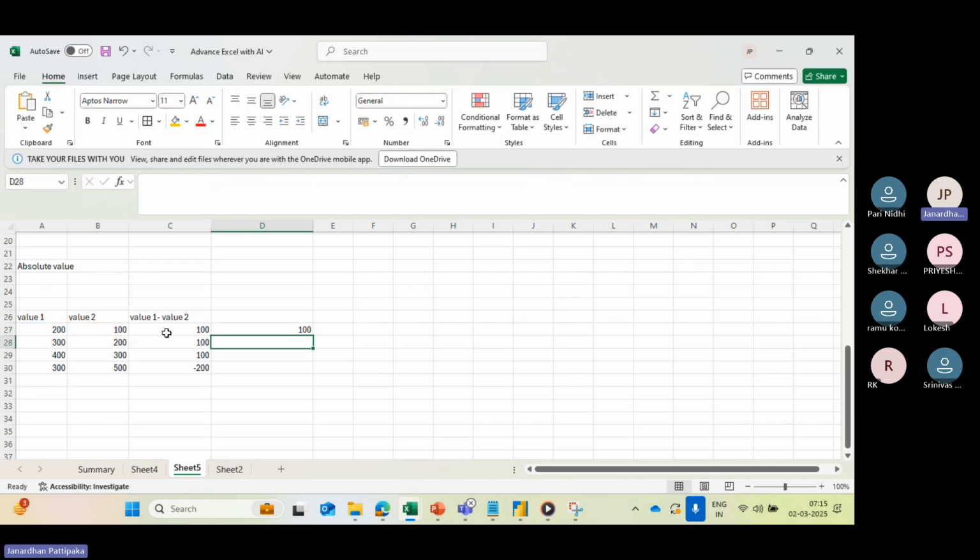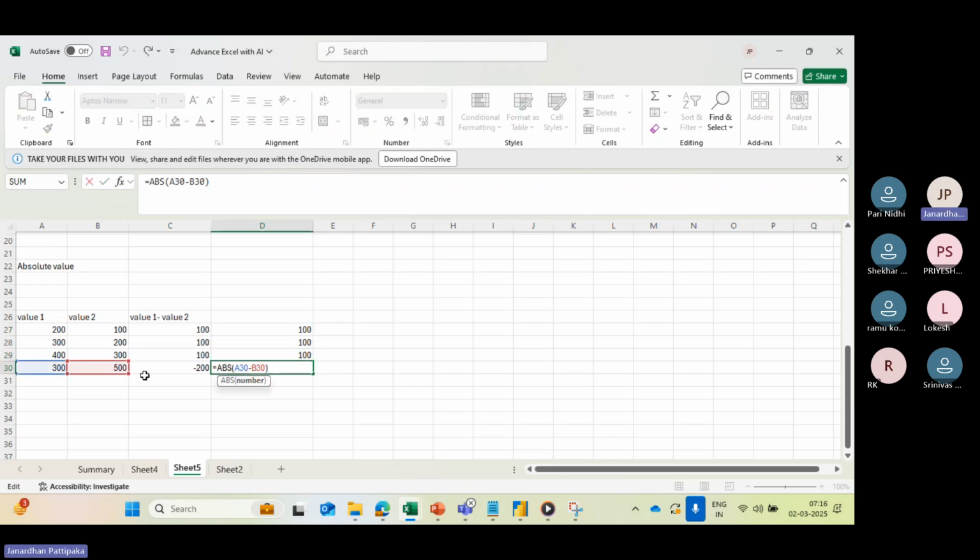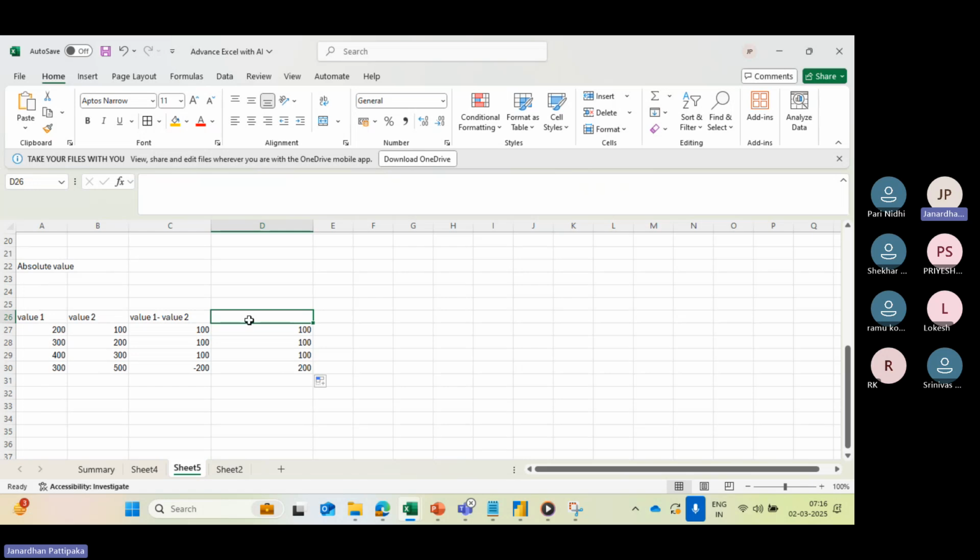You are also getting the same result, 100. Try to drag this formula down. See, here you are getting the difference between 500 and 300, as you have used absolute. So this negative symbol will be eliminated, and it will give only the difference between them as a positive answer. This we call the absolute function.